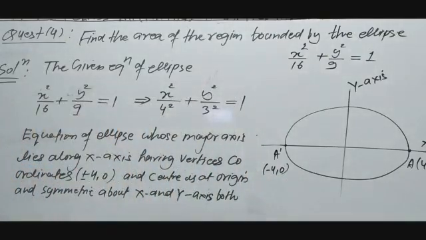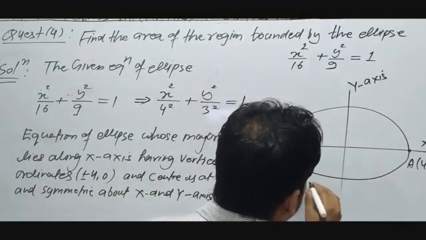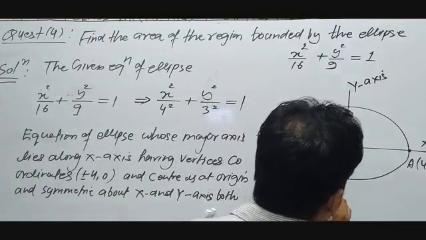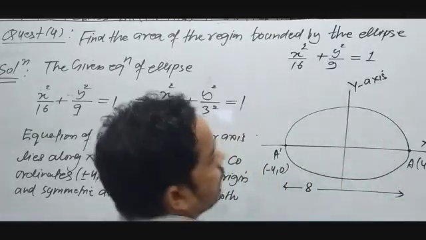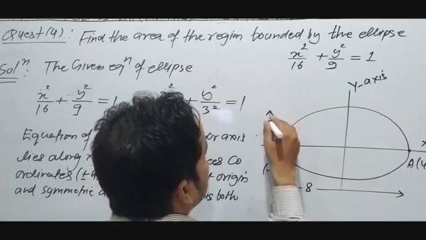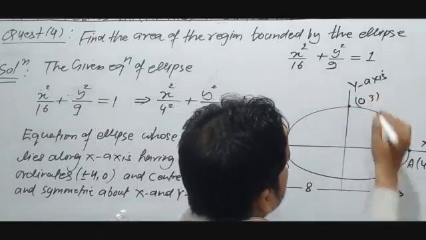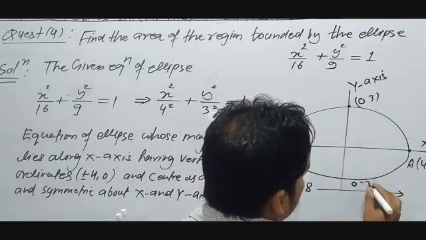and you know the length of major axis will be 8, and the length of minor axis, that is 0, 3 and 0, minus 3.